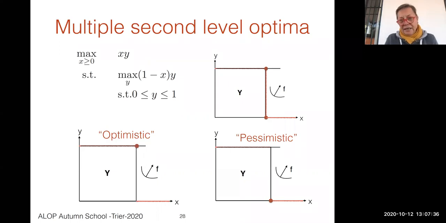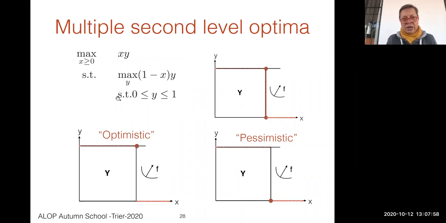So I will illustrate this with a very simple example that is here. You see this bilevel optimization problem. The first level optimizes on x, which must be non-negative, and the second level reacts by choosing a value for y, and y must be between 0 and 1.